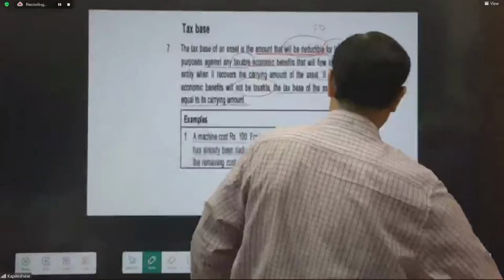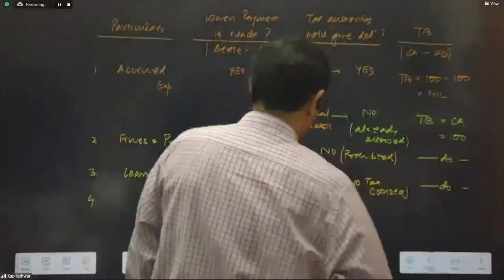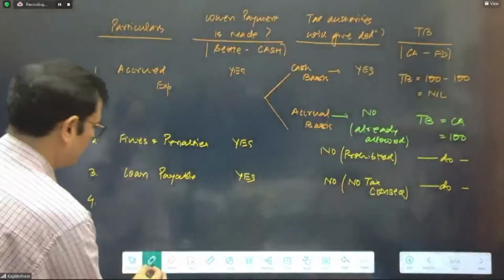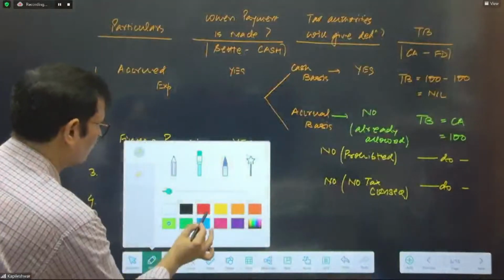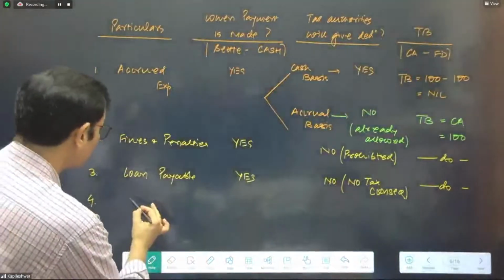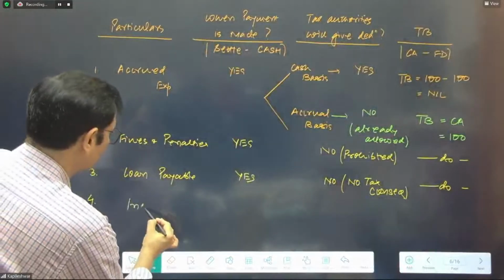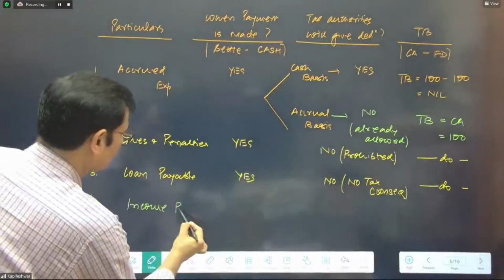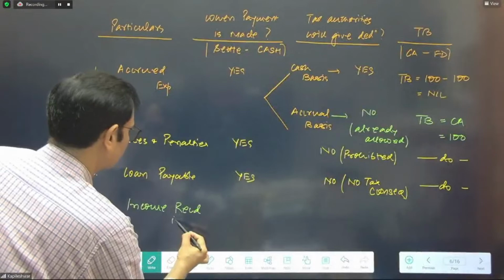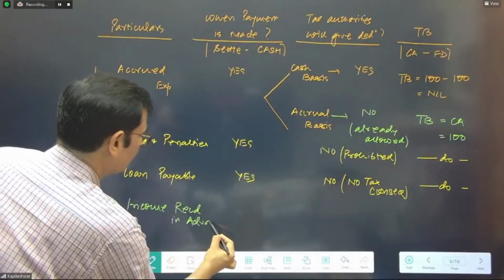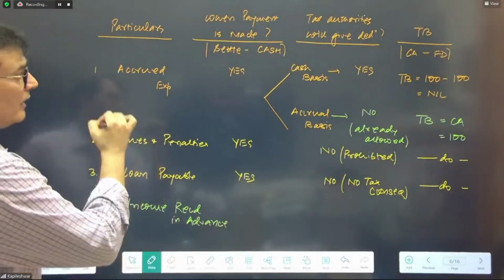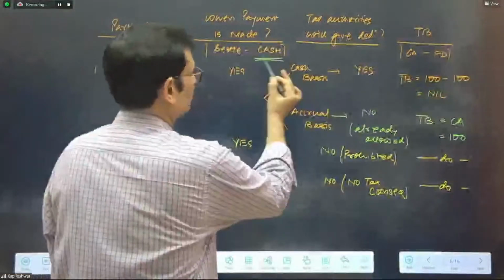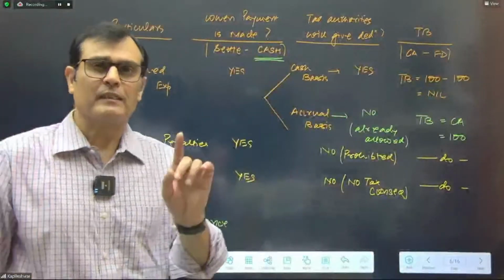Let's understand this first with an example, then I'll give you some more inputs. There is income received in advance. Are you going to settle this in cash?